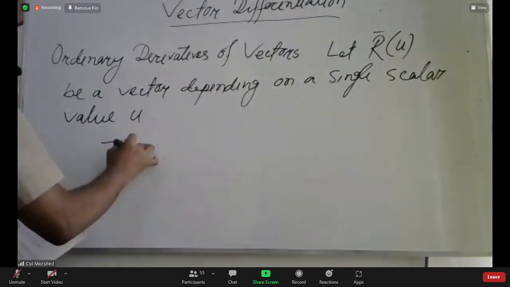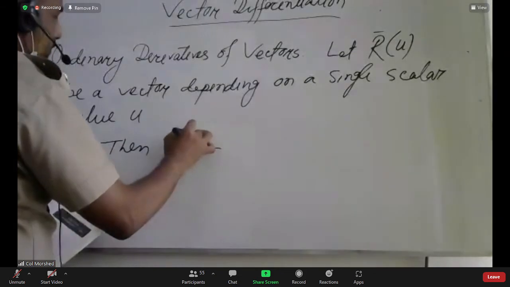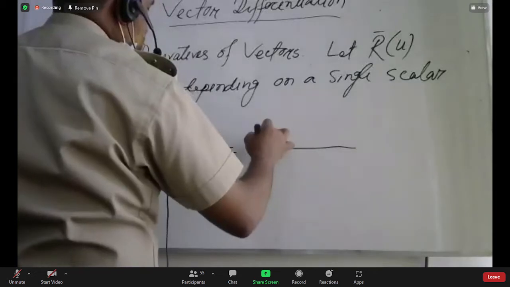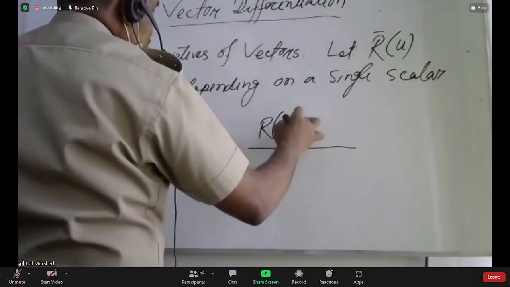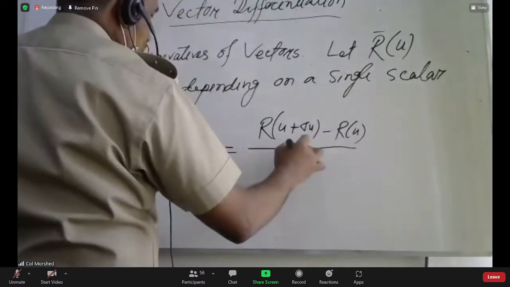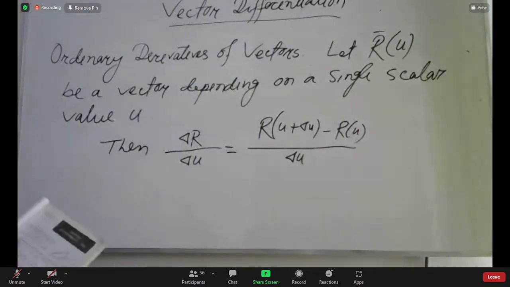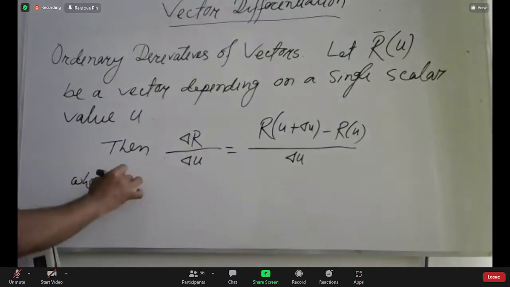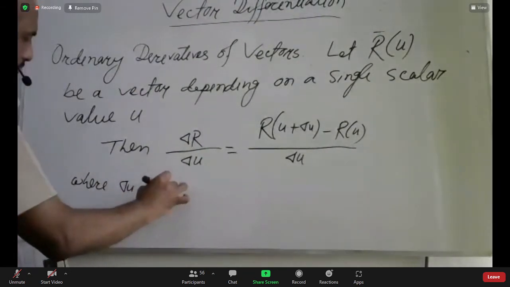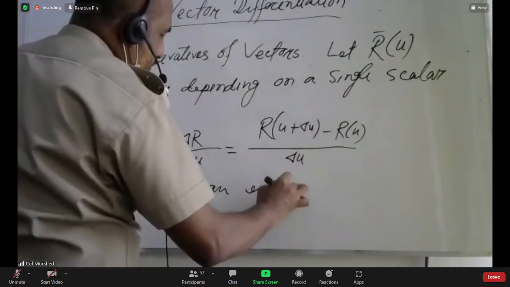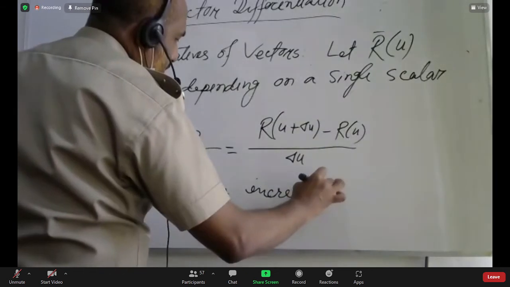Then delta r by delta u is equal to r(u plus delta u) minus r(u), divided by delta u, where delta u denotes an increment in u.